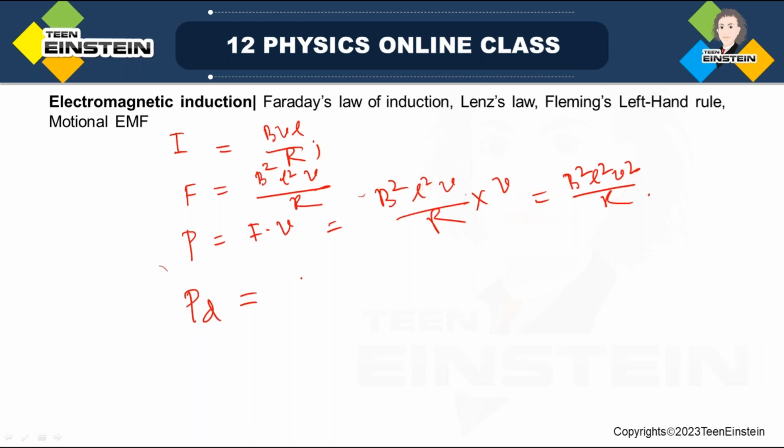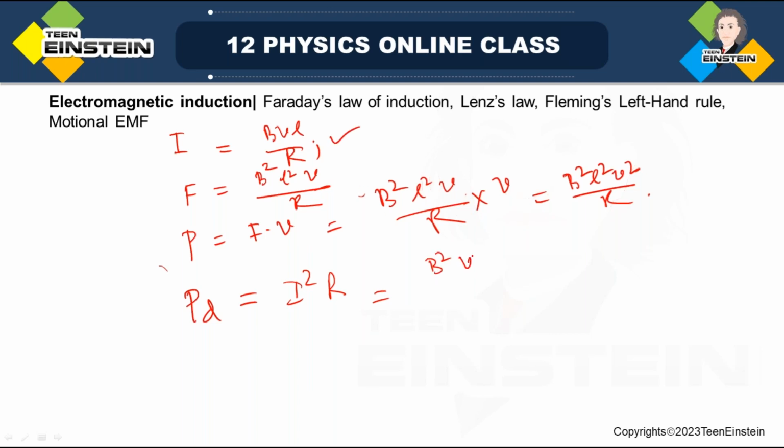Power dissipated will be I square R, right? I square R. I is what? You have got it like this.